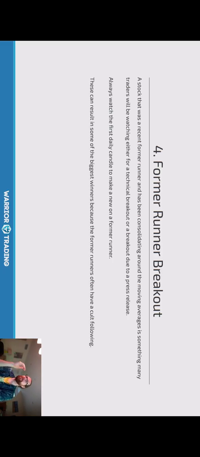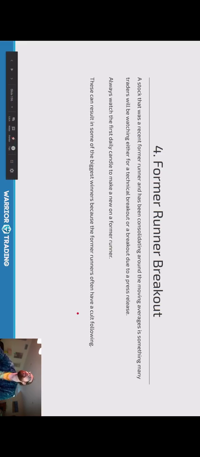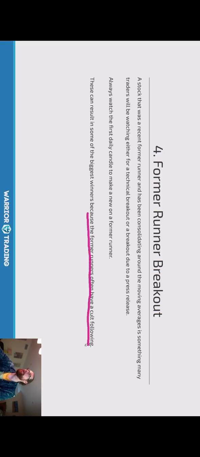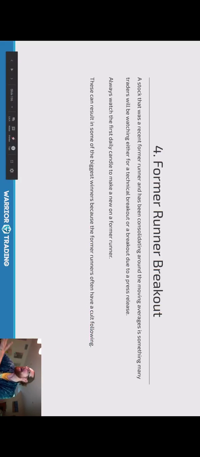So that's why former runners can sometimes see increasing volume in second, third, and fourth days where they're hot, as traders are like, okay, it was really hot that time. I don't want to miss it, so I'm going to go ahead and jump in sooner and even more aggressively. And sometimes these former runners can have a cult-like following of people that are just constantly watching them, waiting for them to pop up.